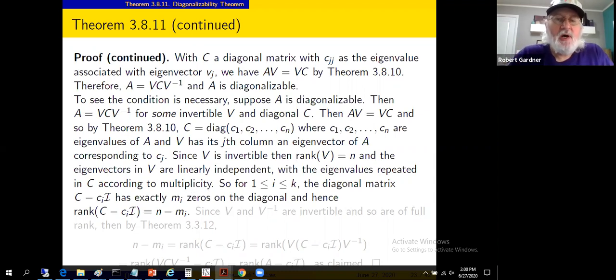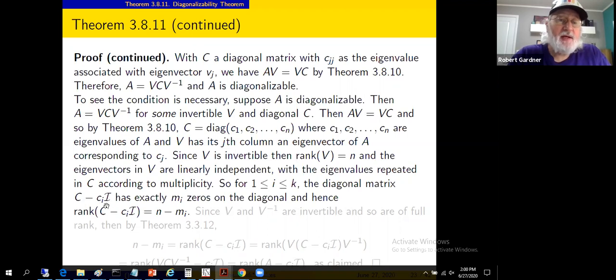to get a kind of a complete collection of eigenvalues. Okay, so for I between 1 and k, the diagonal matrix C minus C sub I times I, this is what we were talking about in the theorem, has m sub I zeros on the diagonal. Well, that's because when I look at C, this diagonal matrix with the eigenvalues as entries, subtract C sub I times I, well, this is a diagonal matrix as well.